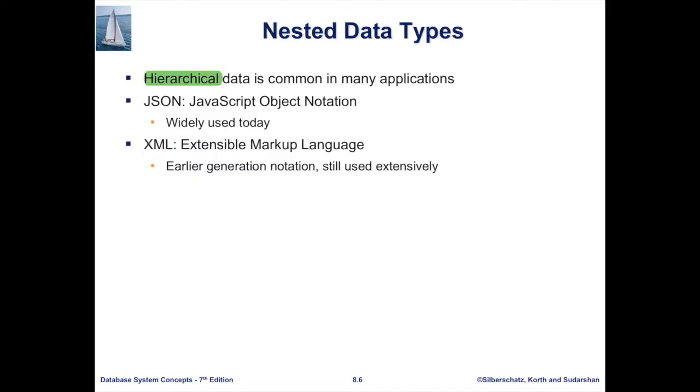Whenever there's an object na pinapasa from one component of the system to another component of the system, pwedeng back-end to front-end, front-end to back-end, back-end to back-end, and yung mga exposed as an API, usually mga JSON objects na yung pinapasa. And then, may XML din, which is medyo mas matanda than JSON.